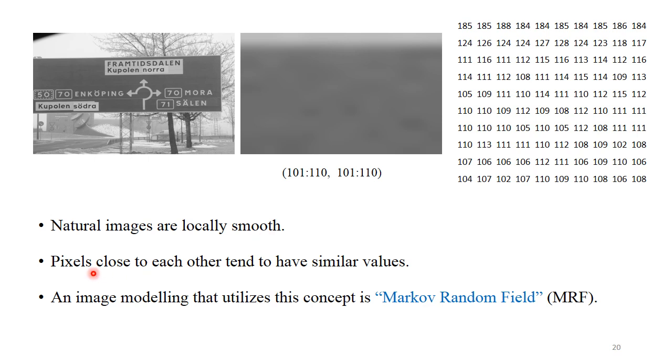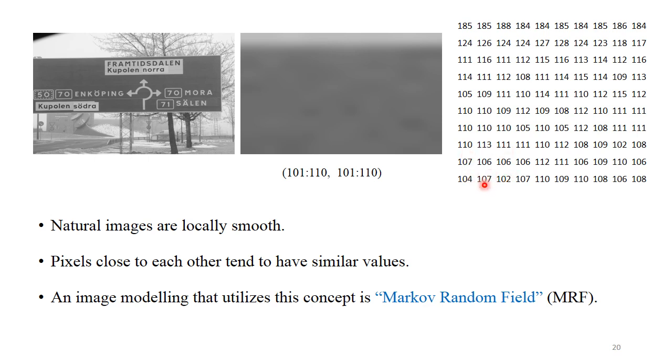So that means pixels close to each other tend to have similar values. So that means a part of this image has been projected over here and its gray level values are presented here. Here we can observe that if we take this 3 cross 3 matrix, all these pixel values lie in the same range. For example, not more than a variation of 10. Within that range it is going to fall.